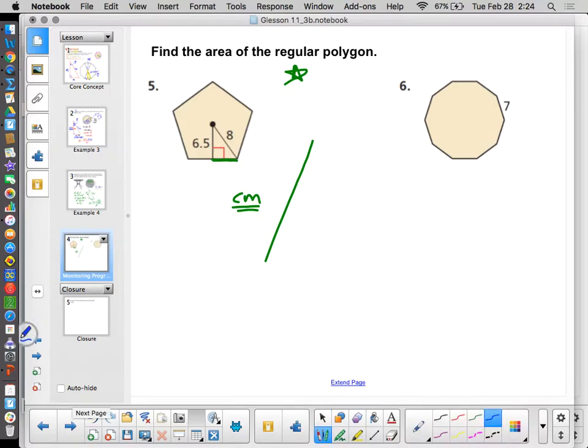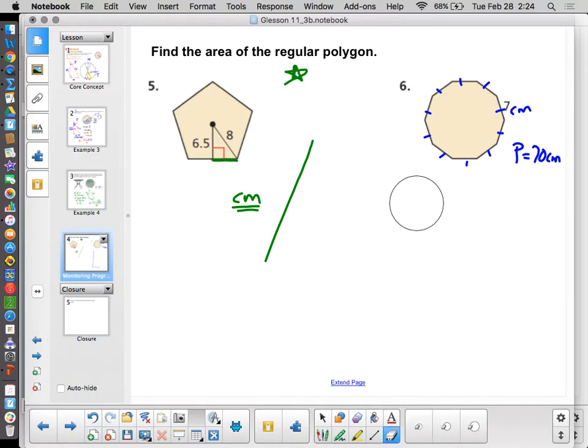Number 6, again, I have a side. I have to count my number of sides. 1, 2, 3, 4, 5, 6, 7, 8, 9, 10. So my perimeter is 70, and we'll call it centimeters. And I'm going to bust out my triangle again. Ooh, that was terrible. That's why I shouldn't freehand draw.